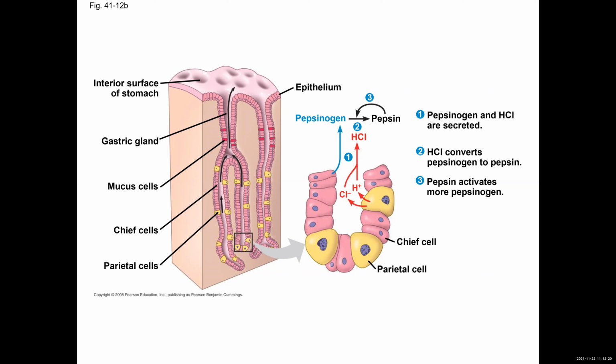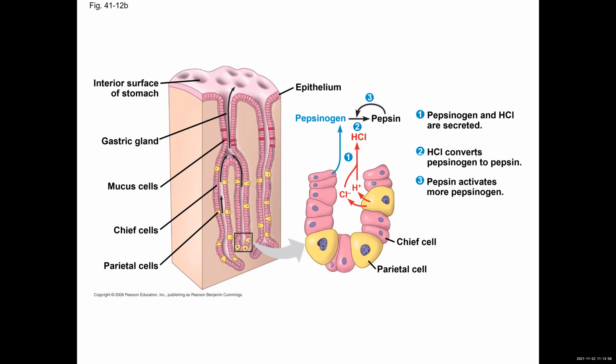The third mechanism is structural, and that is that the acid and the digestive enzymes are secreted not directly onto the surface of the stomach, but down in these pits or tubes that go into the stomach lining. So the pepsinogen molecule is secreted. The hydrogen ions and chloride ions are secreted, and they move with the flow of mucus up into the contents of the stomach.